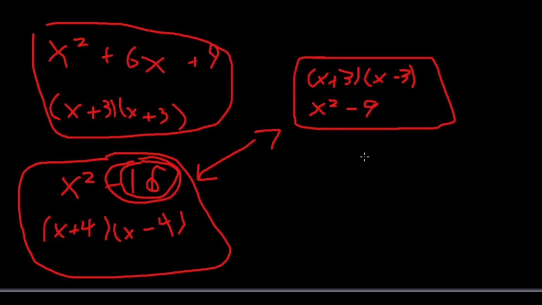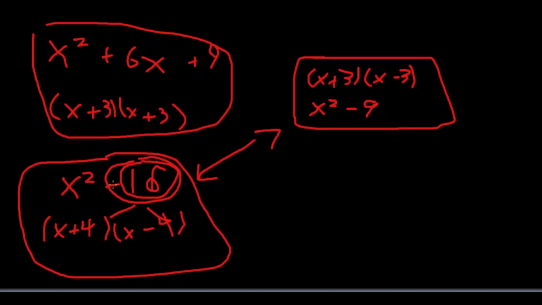So 9 is a perfect square, and so on and so forth. So when C is negative on a perfect square, the parentheses that you get from it, the factored version, is just going to be x plus the square root of the perfect square, and then x minus the square root of the perfect square.